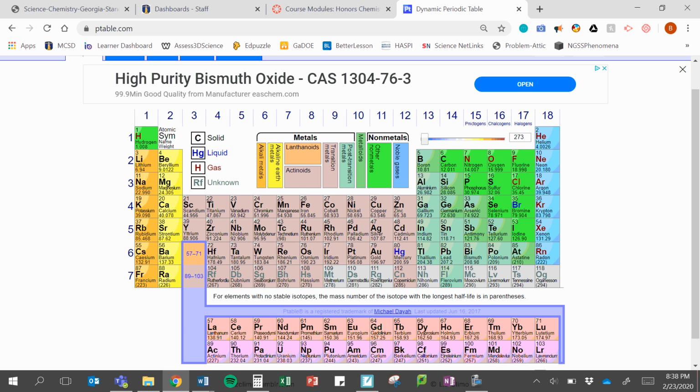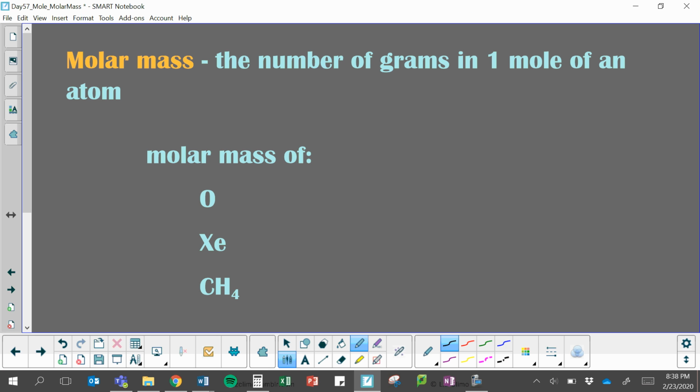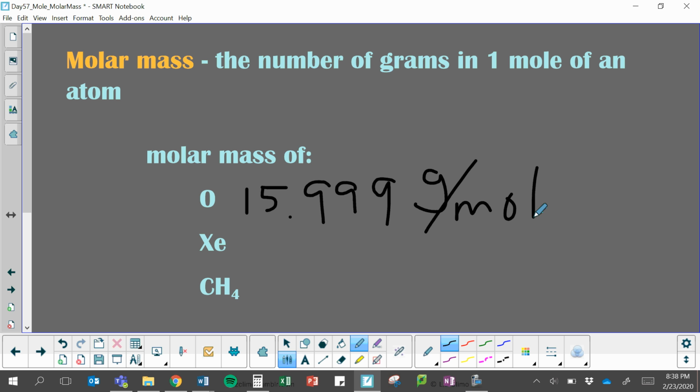Oxygen's mass is 15.999, so our molar mass for oxygen is 15.999. The important thing to remember is this mass has a unit, and it is grams per mole. We can abbreviate mole as mol.